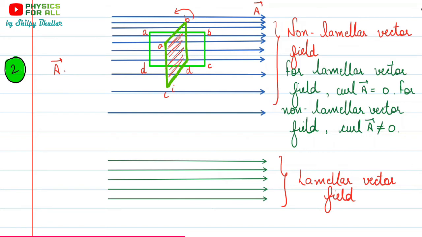And then line integral would be with respect to the position vector dr. We know how to find line integral, A dot dr. And what is this A dot dr? This is dot product. So basically this would be A dr cos theta. So when your theta is 90 degrees, the line integral would be 0, because cos 90 degrees is 0.